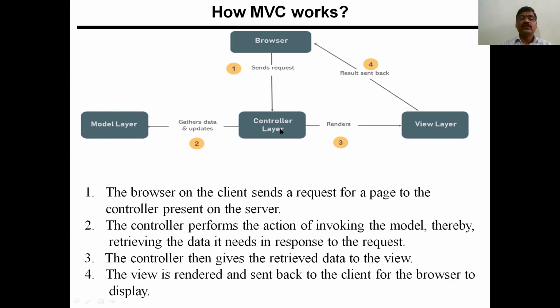Then the third step is that the controller gives the retrieved data to the view. That is what we call rendering the data to the view, the presentation layer. Now the presentation layer forms the data received from the controller in the user required form, whether the user wants to display the data in tabular form or by making use of some images, that is pictures.